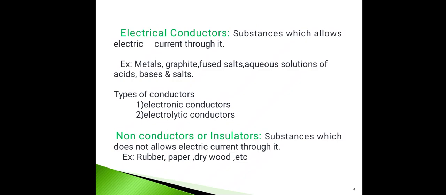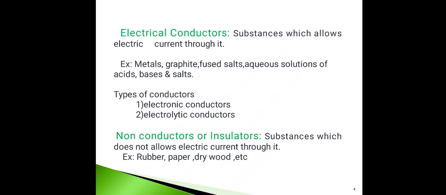After this, we have the next important category, that is insulators or non-conductors. What are these insulators? The substances which do not allow electric current through them. So these are known as insulators.